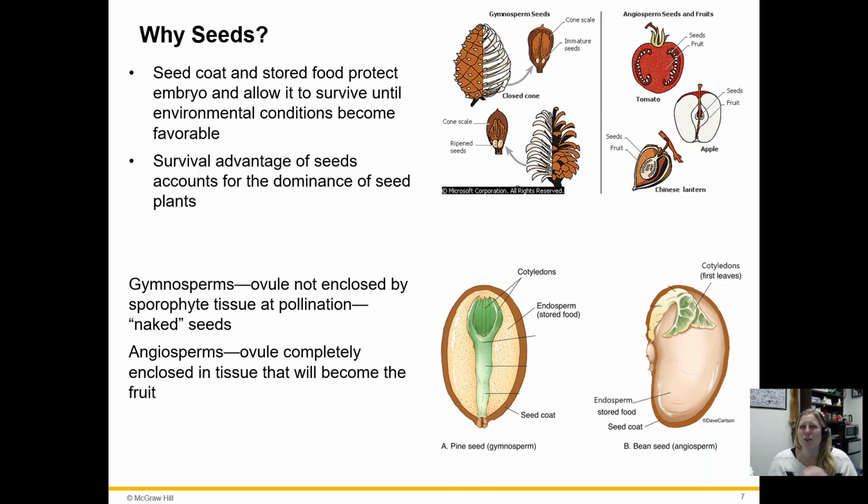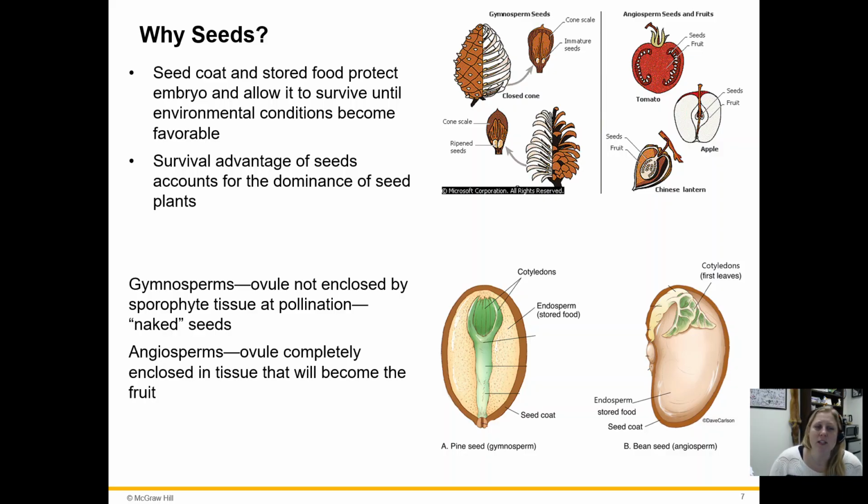A lot of us keep dried beans potentially in our cupboards. If you were to get some of those beans out and soak them in water for a little bit and then let them just sit on a damp paper towel, those beans will still germinate. Those are still viable beans to produce an embryo, and we will see that in our pines and our angiosperms, so our gymnosperms and our angiosperms.